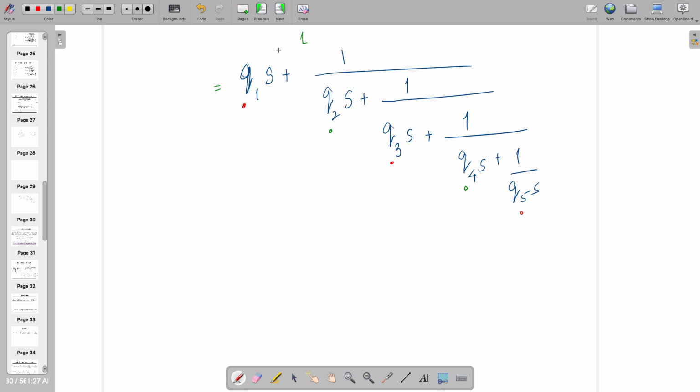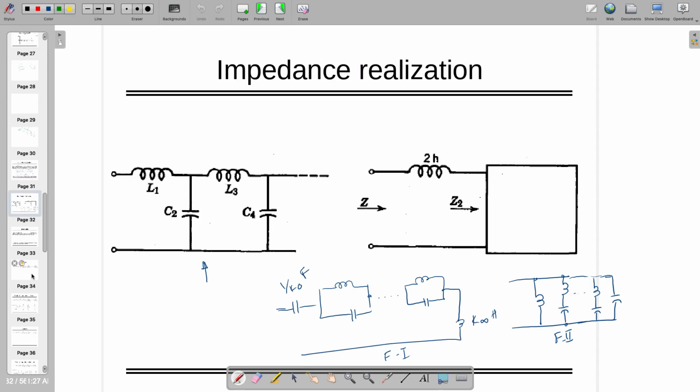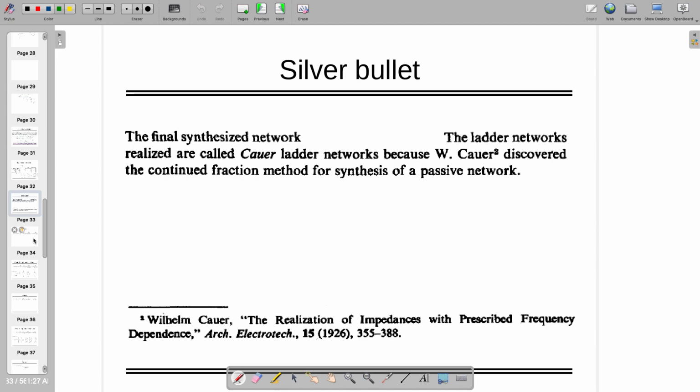Means I can do this one also. So this is another technique where you can realize your circuit, which will be inductor capacitor or capacitor inductor also. So you can do all these things through the technique that was derived by Cauer. After the invention of this realization of impedance by Foster, it was in 1926.